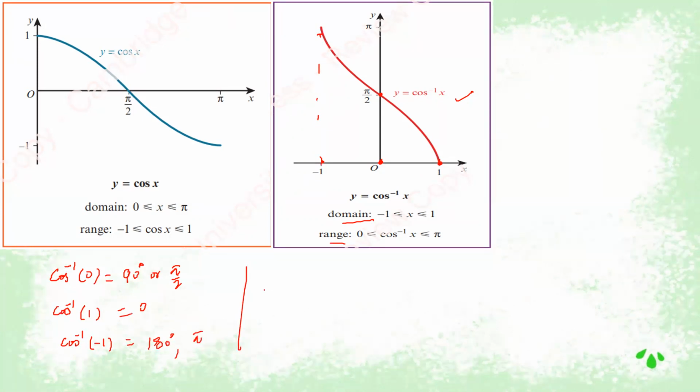And the next, if we try to find out other solutions like at 30, 60, and 45, for example, cos inverse 1 over 2. So remember that we write cos 45 is equal to 1 over square root of 2.